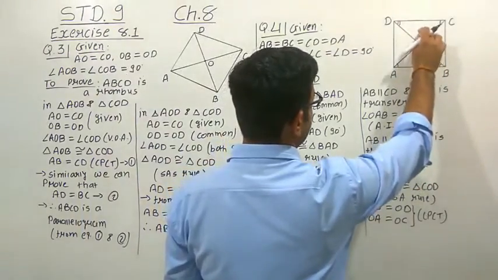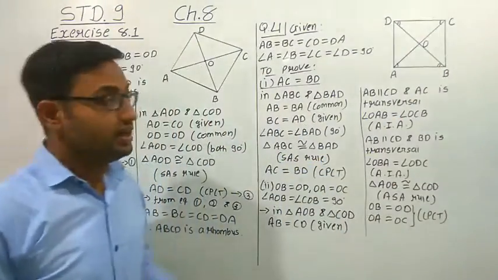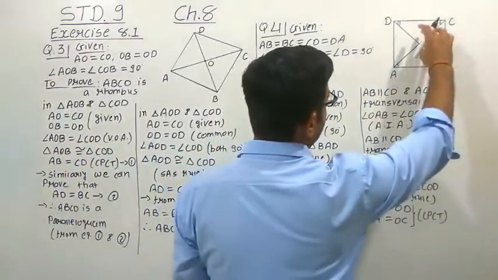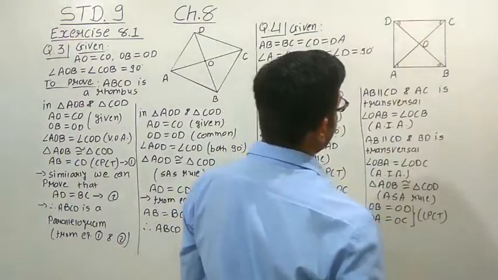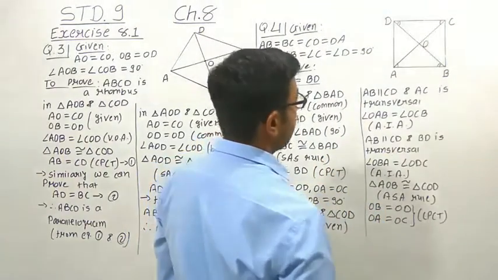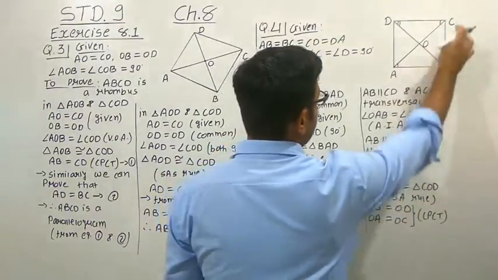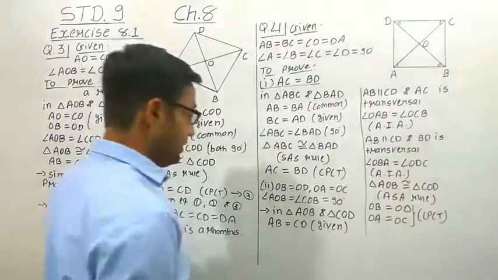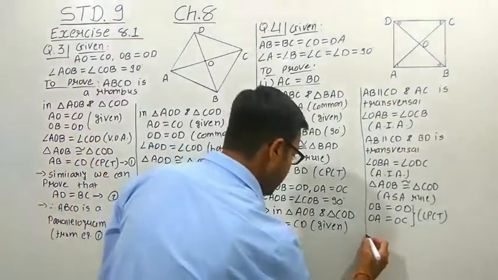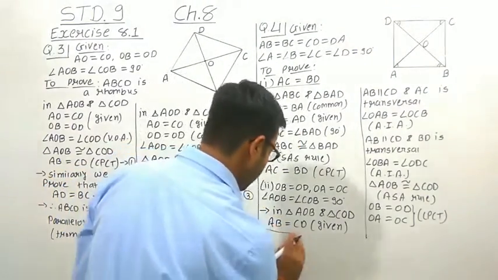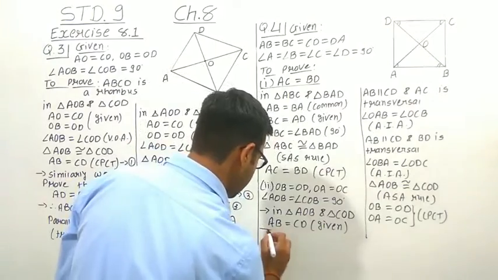Then automatically this angle will also be 90 degrees because both are vertically opposite angles. Here we have to take two more triangles.